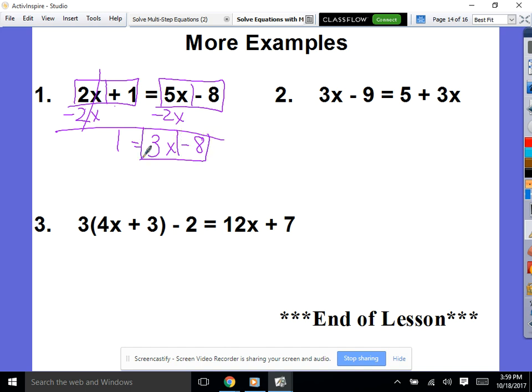Box in your terms, and we're going to eliminate the constant on the same side as the variable. That leaves us with 3x equals 9, and if we divide by 3, we get x equals 3. So 2 times 3 is 6 plus 1 is 7, and 5 times 3 is 15 minus 8 is 7, so we know that checks.